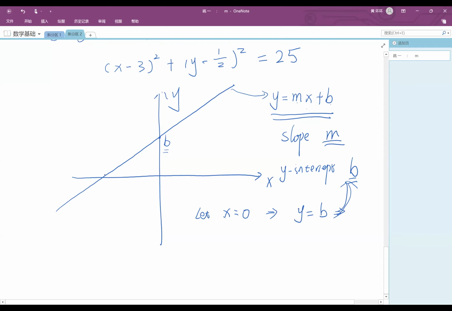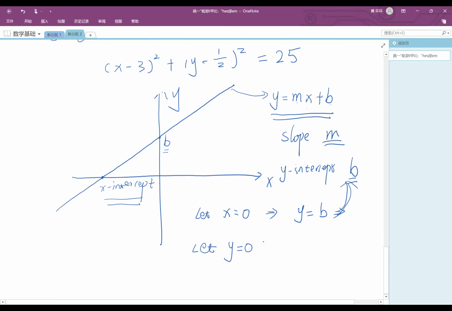And then this point means the line intersects with the x-axis, and this point will be the x-intercept. To get the x-intercept, we let y be equal to 0.